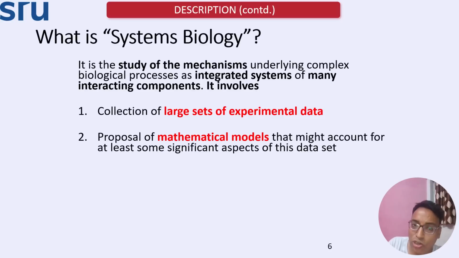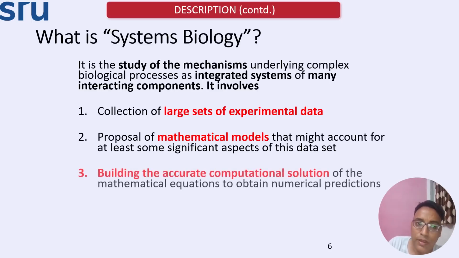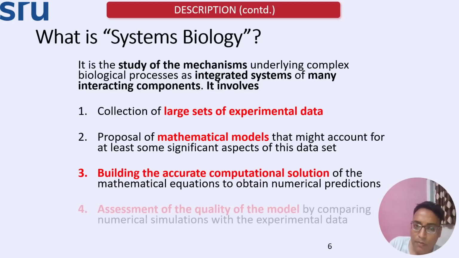Next is the proposal of a mathematical model that might account for at least some significant aspects of this data set. You need to build it. So once you correct the data set, you need to build the required mathematical model. Then comes building the accurate, optimal computational solution of the mathematical equations to obtain the numerical predictions, so that we get the best model and the best computational solution.